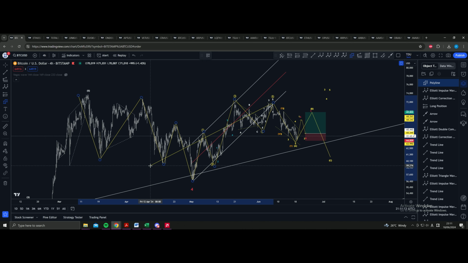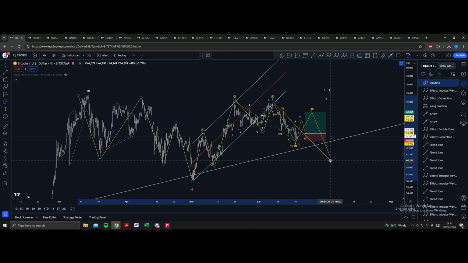So flat down here, W, flat up, and that would be your wave X. And wave X can be any simple or even complex corrective pattern for that matter, but in this case flat fits.